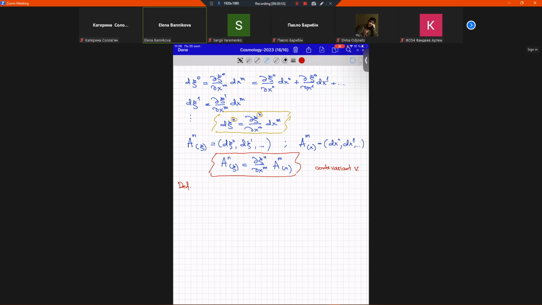And the definition is the following. We will already work in four-dimensional space-time. So we can give the definition that a contravariant vector is a set of four values.